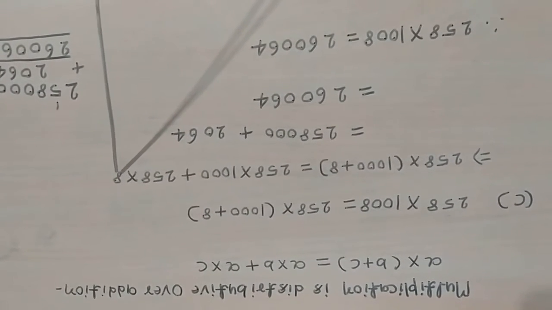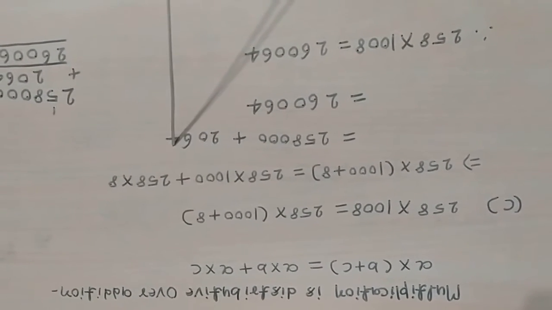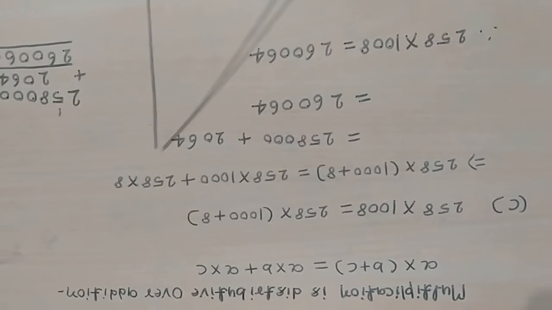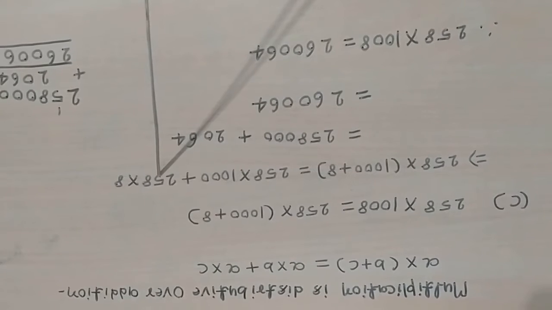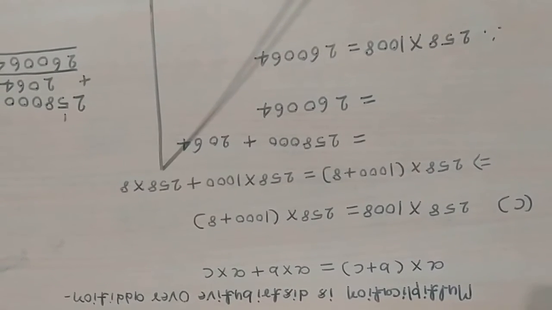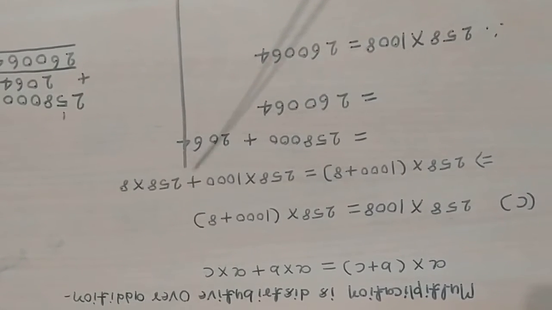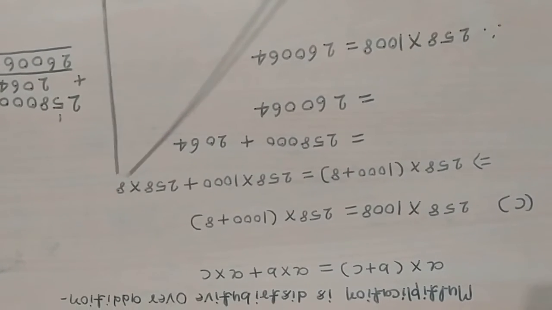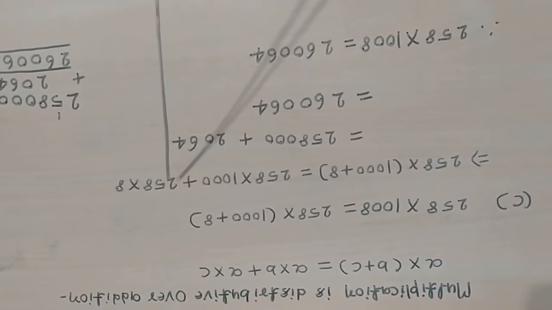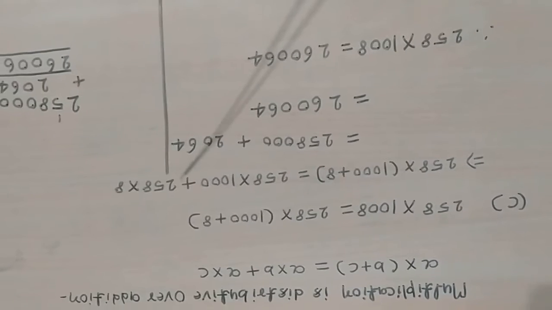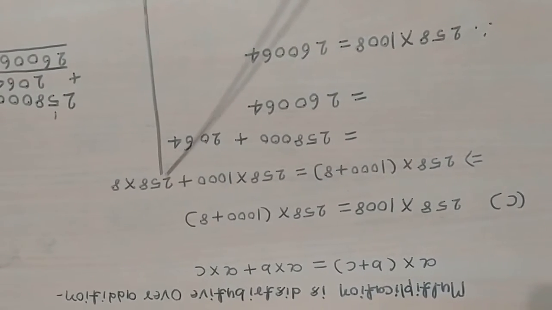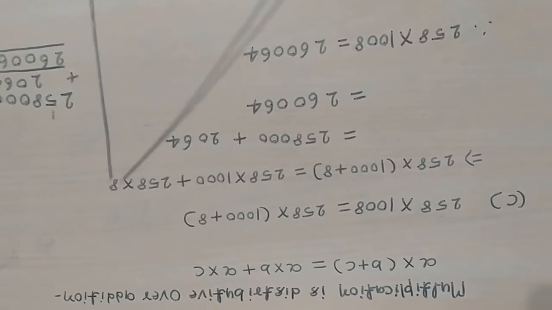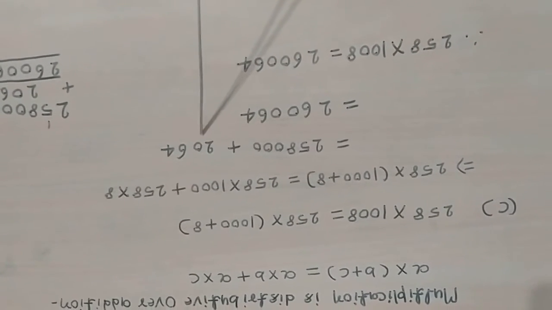So 8 8s are 64, 4 carry 6, and 8 5s are 40 plus 6 is 46, 6 carry 4, 8 2s are 16 plus 4, it becomes 20. So the product of 258 into 8 is 2064.